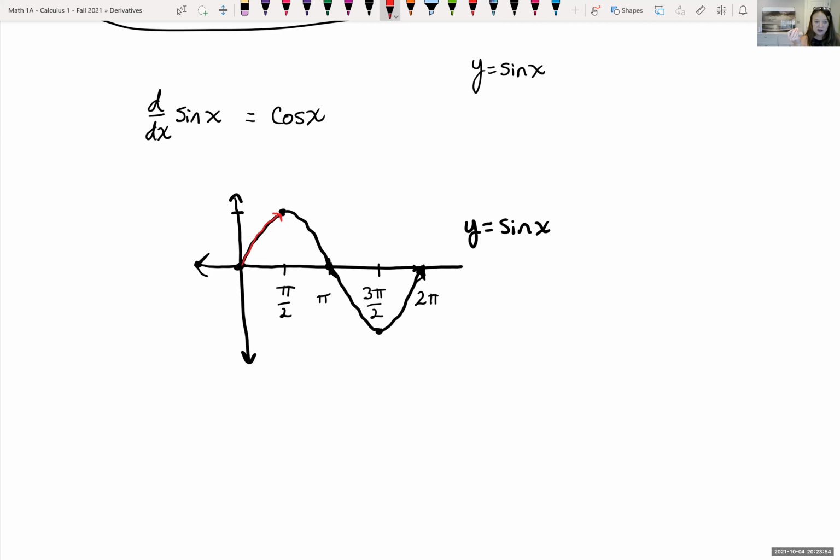And we know that the derivative is talking about the slope. And so the graph is increasing here, from 0 to pi halves.